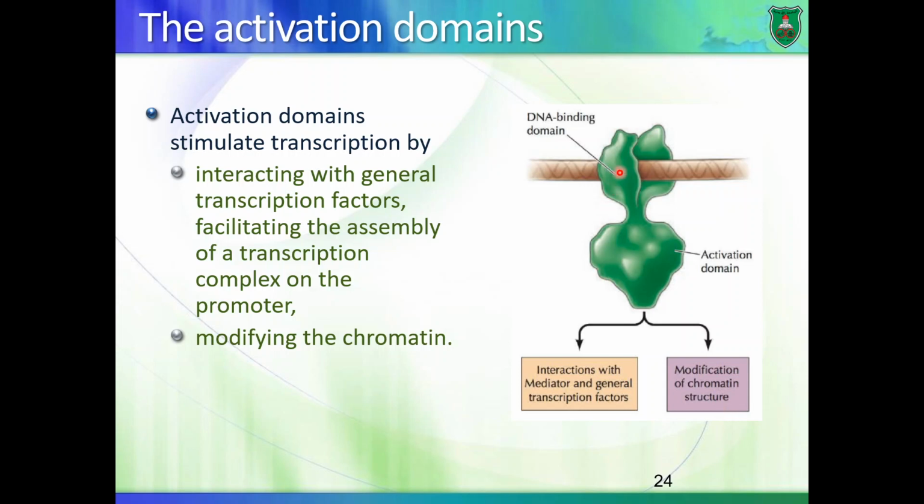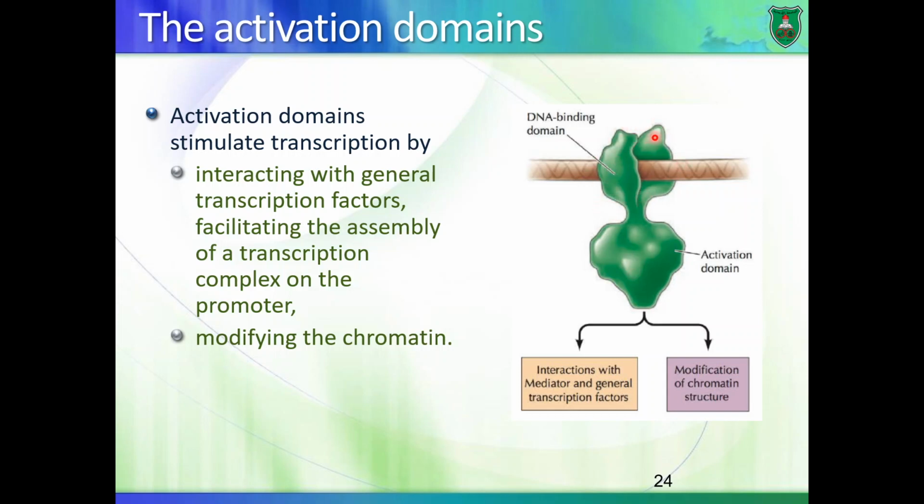Look at the structure right here. This is a good drawing of a transcription factor. The idea is that you have two domains. If you cut the protein right here, this can still function. It can still interact with transcription factors, and it can still modify chromatin, but what makes it functional at a certain location regulating a specific gene is this DNA binding domain.